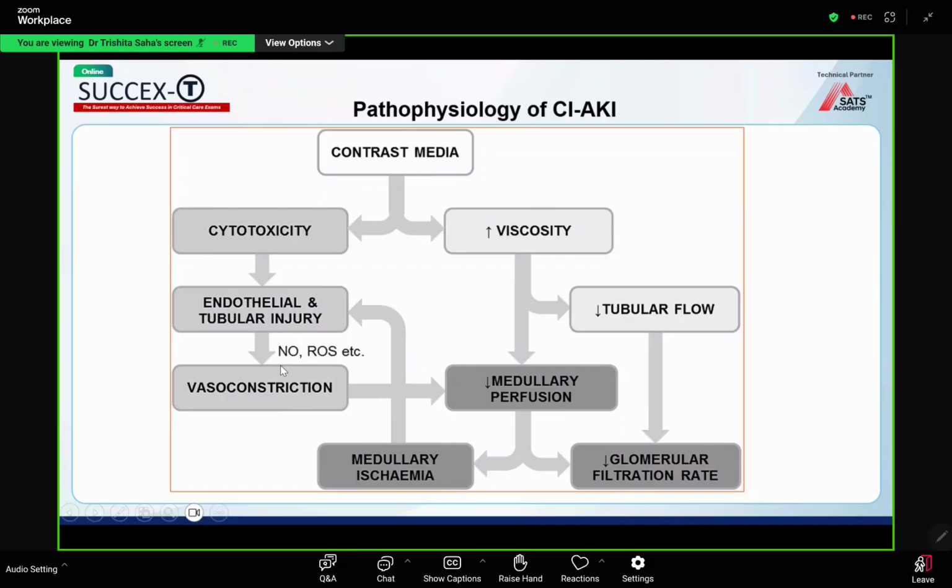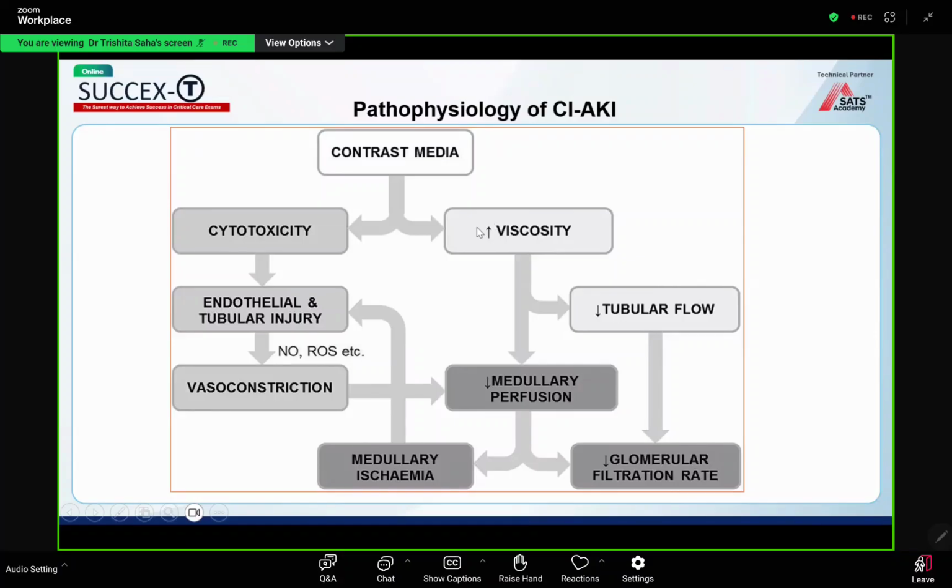And all this leads to vasoconstriction, which leads to medullary hypoperfusion, and which in turn leads to medullary ischemia and decrease in glomerular filtration rate, and the increase in viscosity.